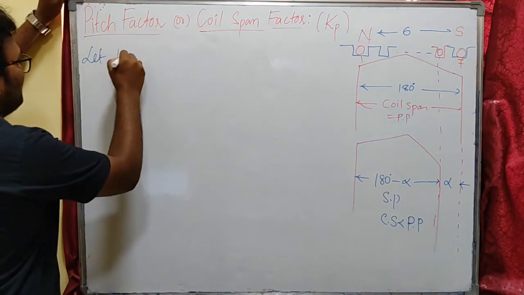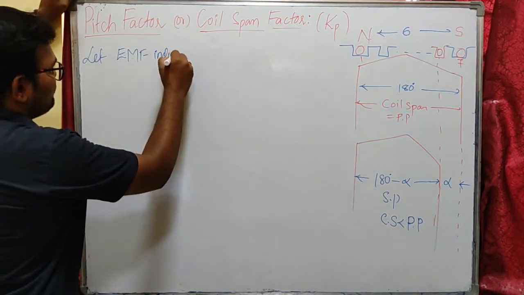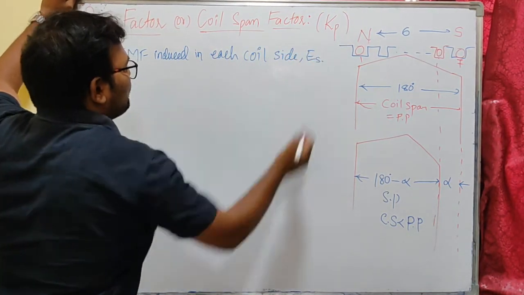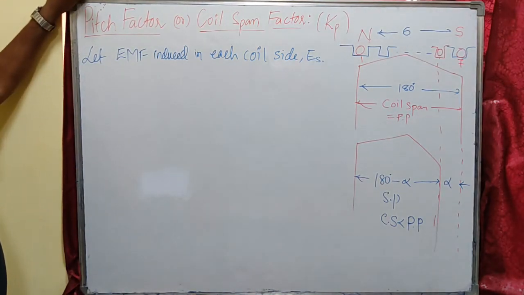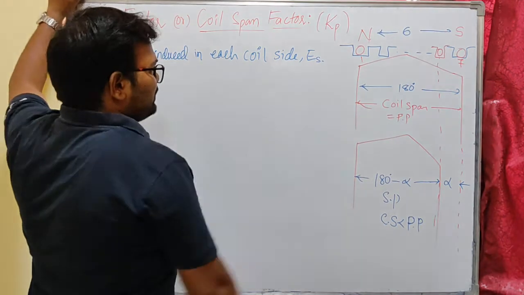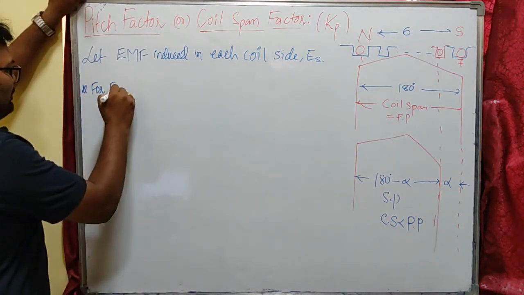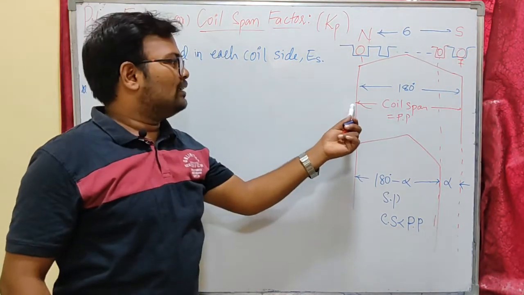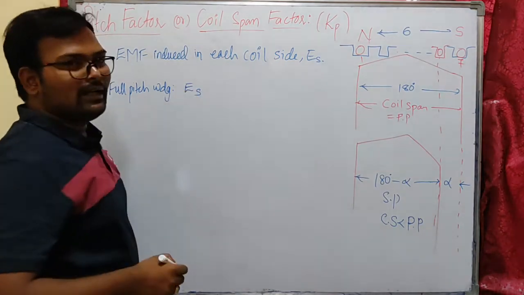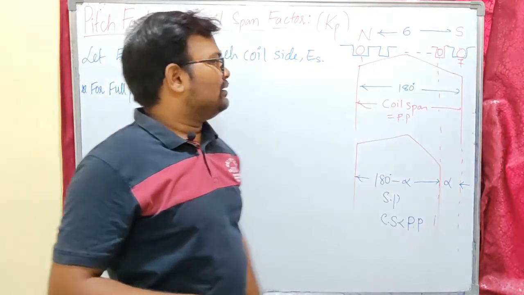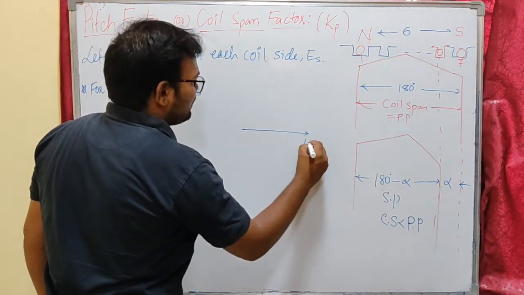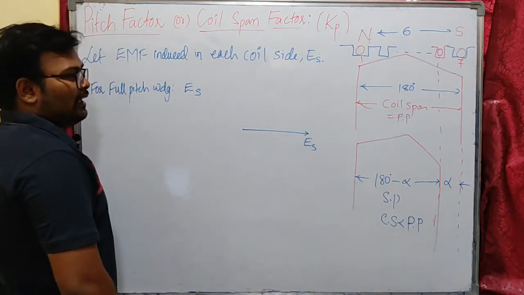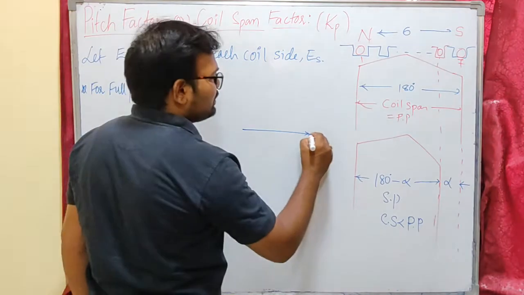So for full pitch winding, the EMF induced for this coil side will be equal to Es, and the EMF induced in this coil side is also Es. If this is the EMF induced in the first coil side, then this will be the EMF induced in the second coil side.